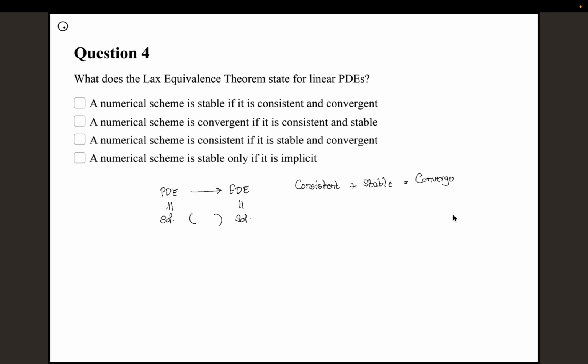Consistency essentially states that your truncation error will go to 0 as your delta x, delta t tends to 0. And stability says that your amplification factor is less than or equal to 1. When you choose a scheme such that these two conditions are satisfied, then you will get convergence. We have also discussed this before, so I don't think there are any problems here.